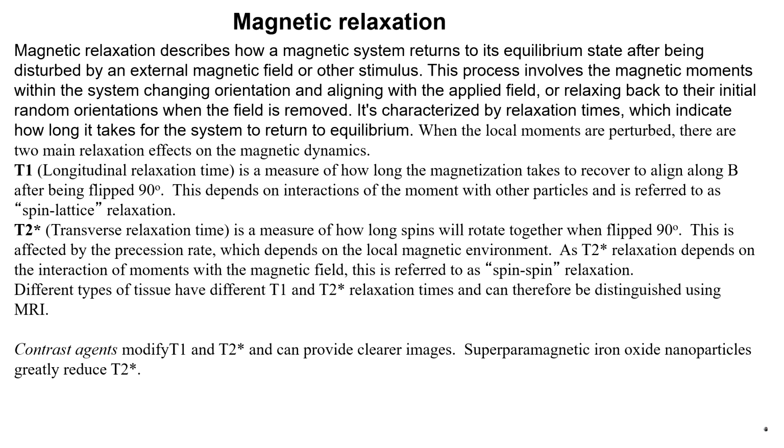T2 is a measure of how long spins will rotate together after the 90 degree flip. This is affected by the dephasing rate, which depends on the local magnetic environment, and T2 relaxation depends on the interaction of moments with the magnetic field. This is referred to as spin-spin relaxation, and different types of tissues have different T1 and T2 relaxation times and can therefore be distinguished using MRI.